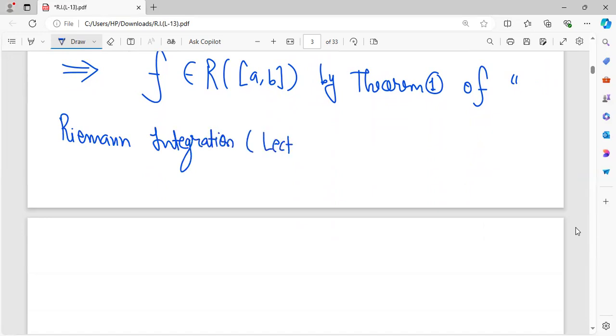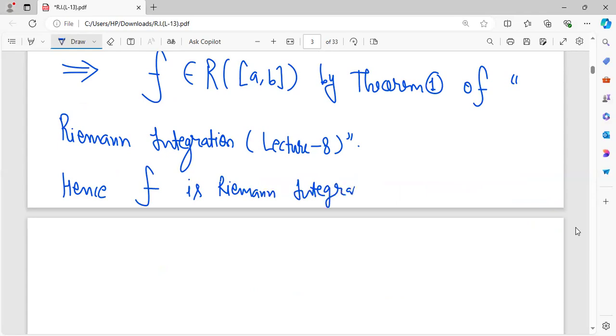Okay. So hence F is Riemann integrable over closed interval [a,b]. So we are done.